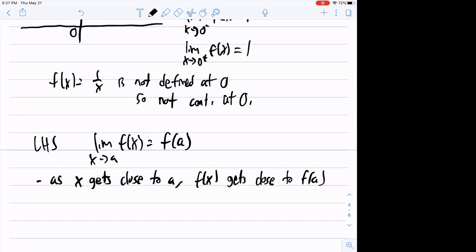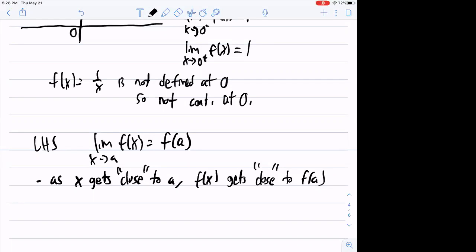And here, "close" is not a mathematical word. You need to express it, because your definition of close could be far for me, right? Someone's definition of close could be different from another person's definition of close. So we need a universal way of defining what close means.